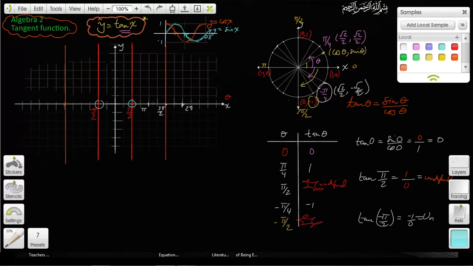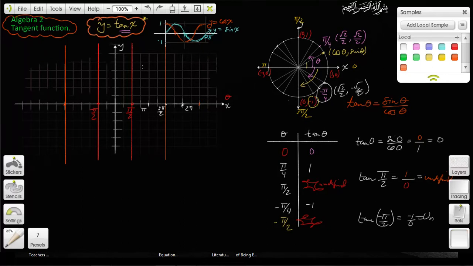So if the asymptotes occur at negative pi over 2 and pi over 2, they're going to occur at 3.5 pi, 4.5 pi, and 5.5 pi, like that. So this graph is going to have lots of asymptotes. And there's going to be another one over here, if you wanted to draw one out, and another over here.